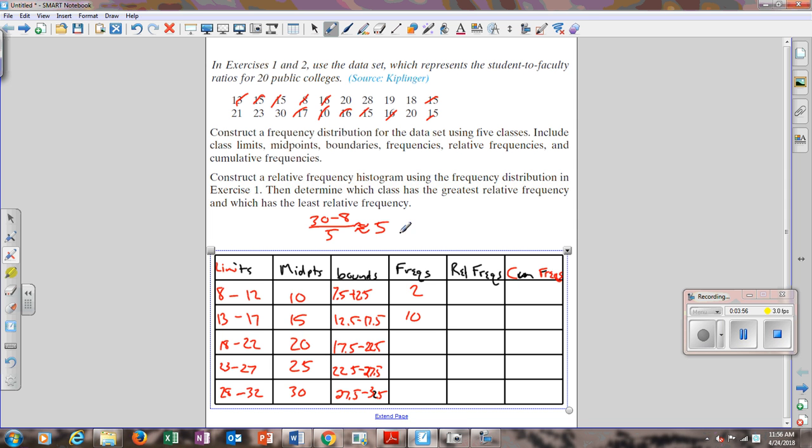Then from 18 to 22, 1, 2, 3, 4, 5. 23 to 27, there's 1. And then 28 to 32, there's 2.